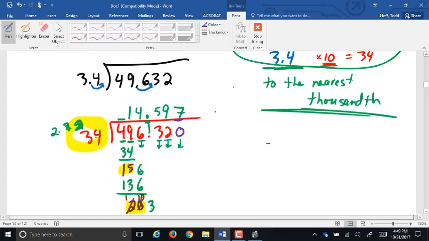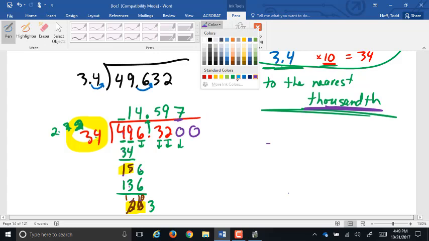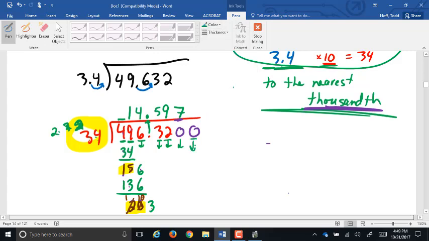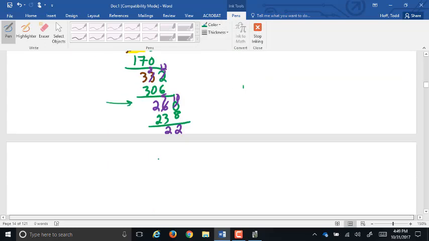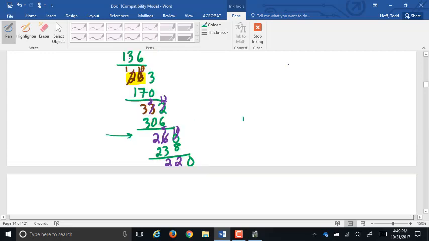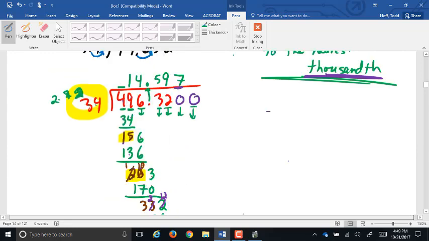Well, that 7 is in the thousandths place. We wanted to go to the nearest thousandth, so are we done? Say no. Why not? We have to add one more 0 and bring it down. So this is 220. 34 goes into 220 6 times. 6 times 34 would be 204.